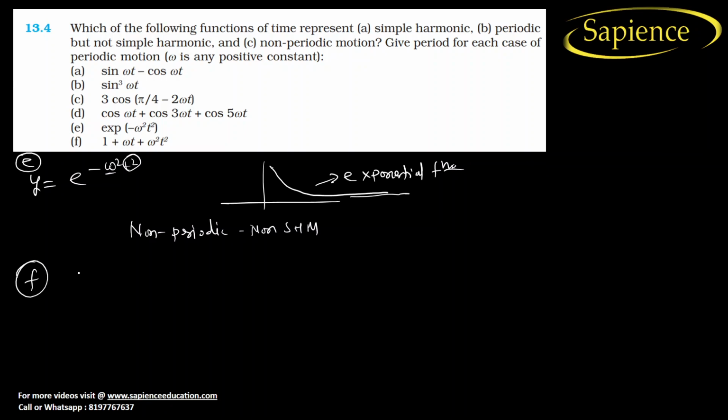Okay. Next is F. F is 1 plus omega t plus omega square t square.